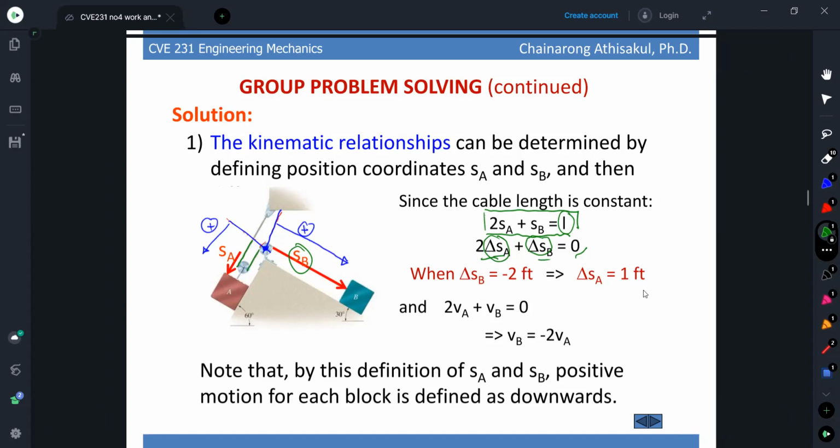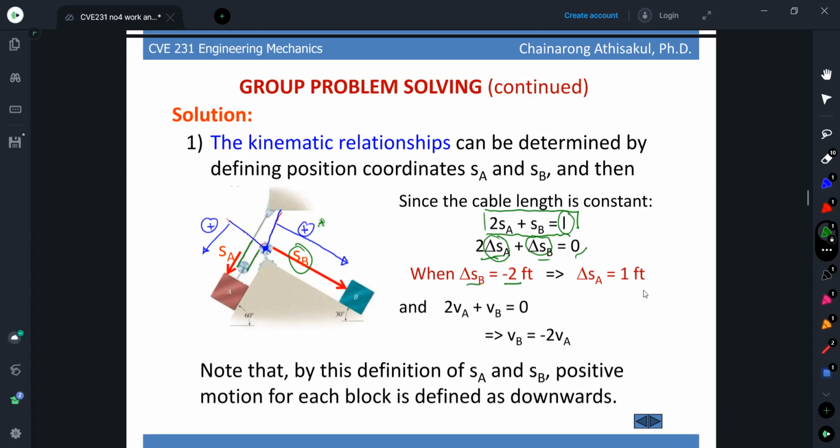The problem gives us that the difference in position of block B is 2 foot upward. B is moving up, but we set the positive convention from the reference as downward, so delta SB should be negative because it is opposite to the positive direction.